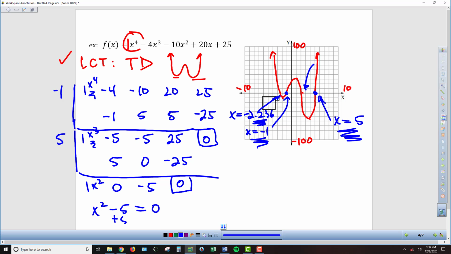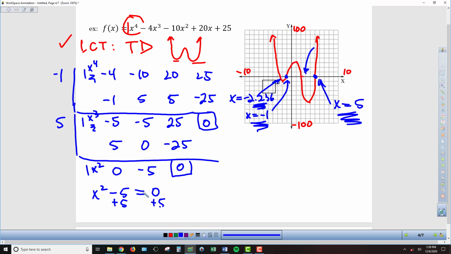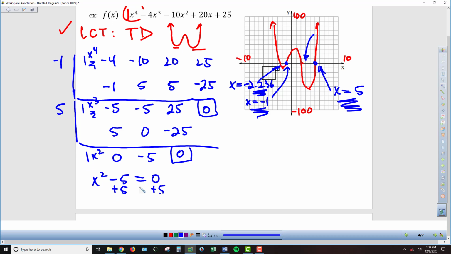So I'm going to add 5 to both sides. I'm going to scroll down a little bit to give myself a little bit more room. So we get x squared equals 5. So now we can take the square root of both sides. And so we get x equals, and then I can't simplify that expression, but I need my plus or minus. So plus or minus the square root of 5.